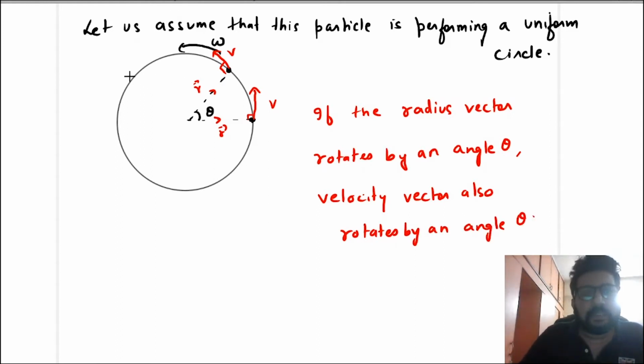Because it is a uniform circle, that means alpha is 0.